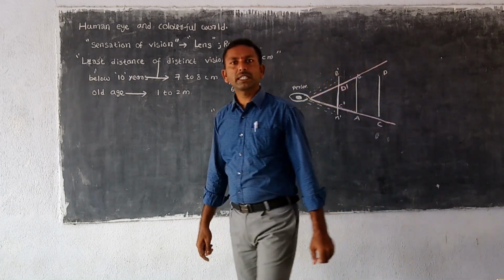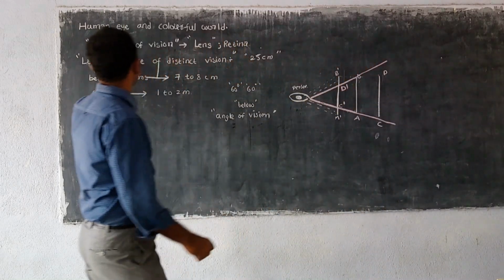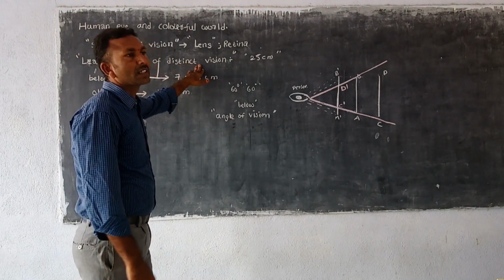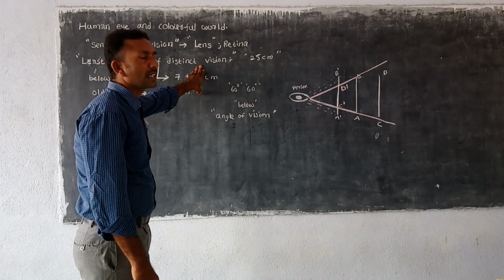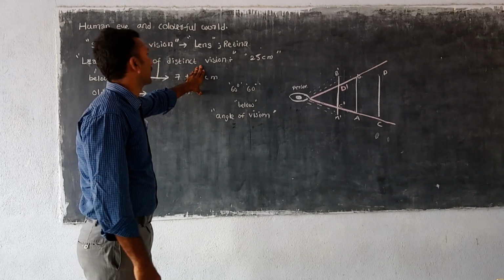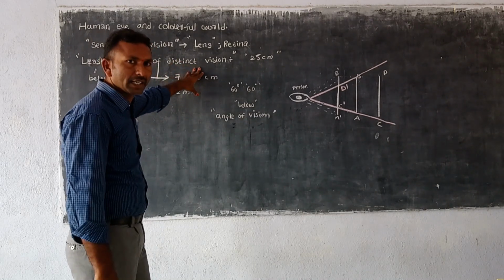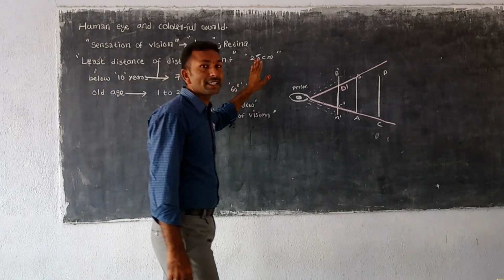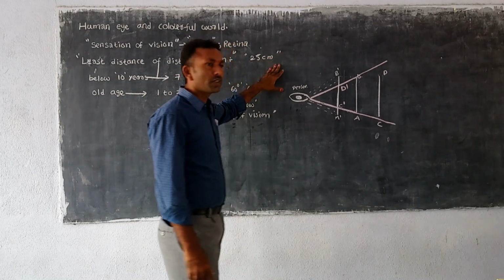And we learned what the least distance of distinct vision is. It is the distance between the object and the human eye at which a person is able to see the object clearly and completely. What is the least distance of distinct vision? 25 centimeters.